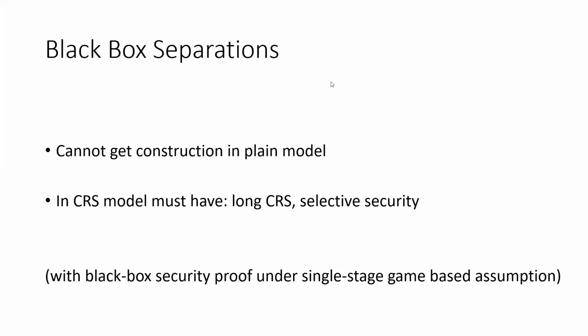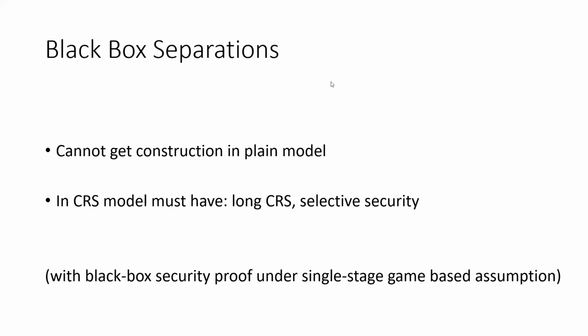Let me just mention we also have two black box separations or negative results. So we show that you cannot get a construction in the plain model. You really need common random strings. And even in the CRS model, the common random string has to be as long as the message, and you can only get selective security. So the fact that we didn't get adaptive was sort of inherent.